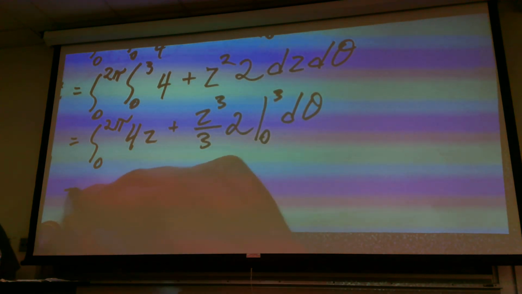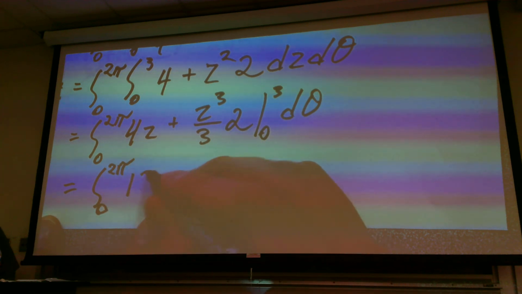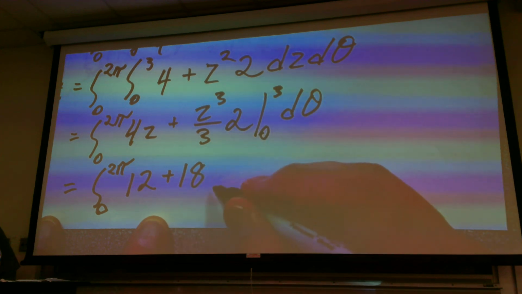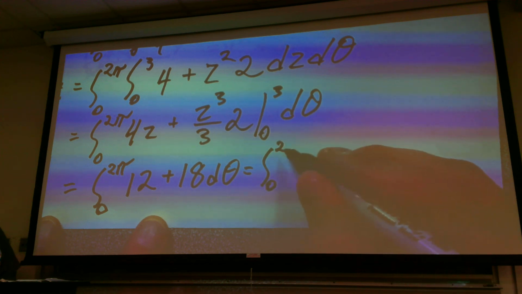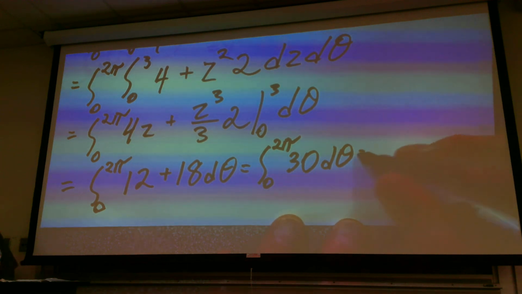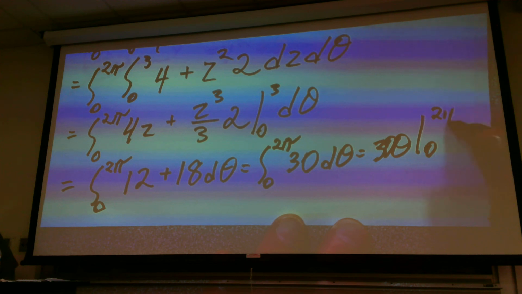So that becomes the integral from 0 to 2 pi of 12 plus 18 d theta, which equals the integral from 0 to 2 pi of just 30 d theta, which equals 30 theta, evaluated at 0 and at 2 pi.